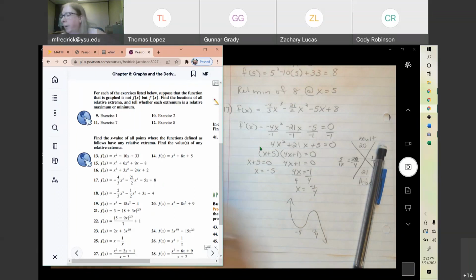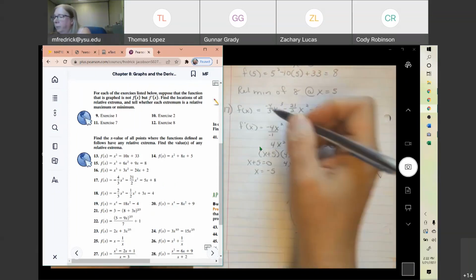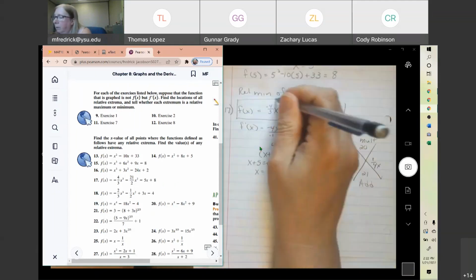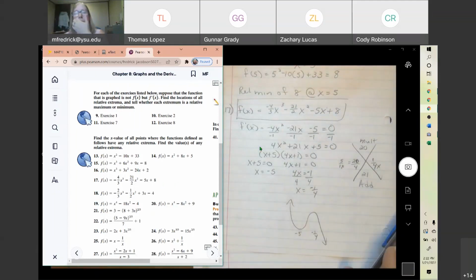So you want to graph the one before the derivative. So it's this one. So we'll graph that on Desmos.